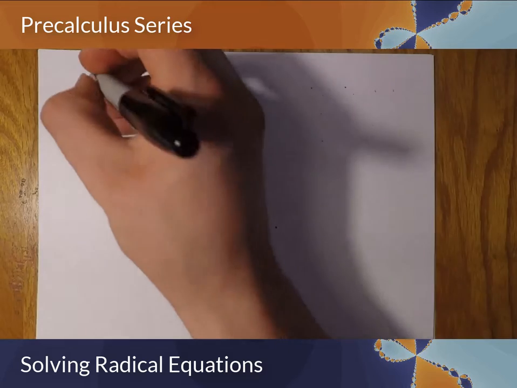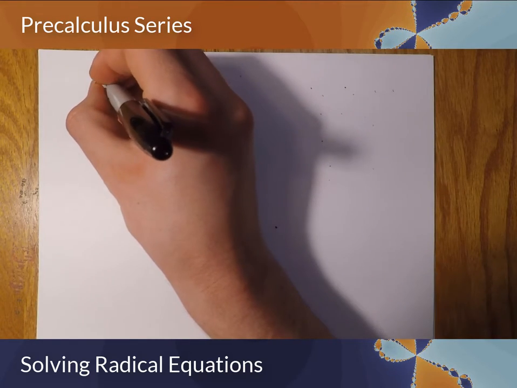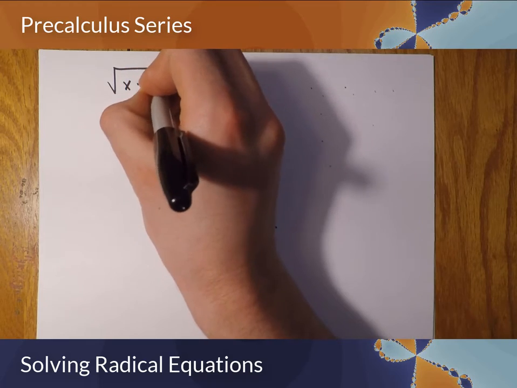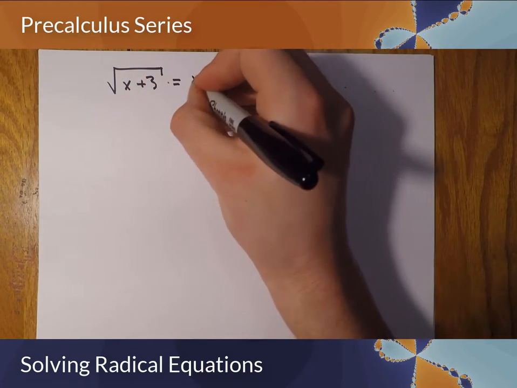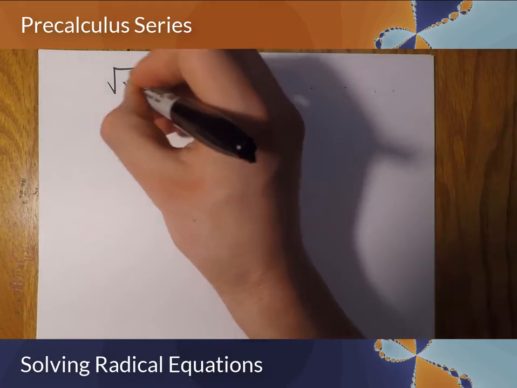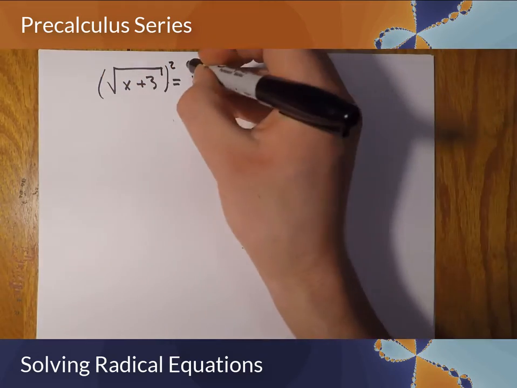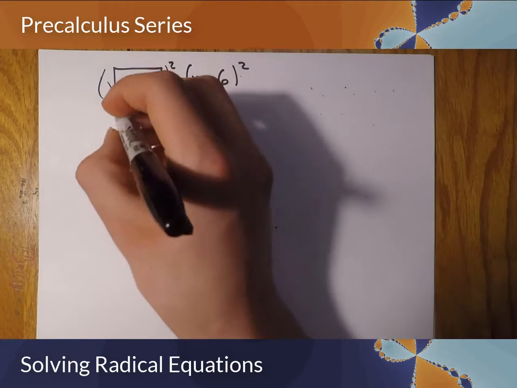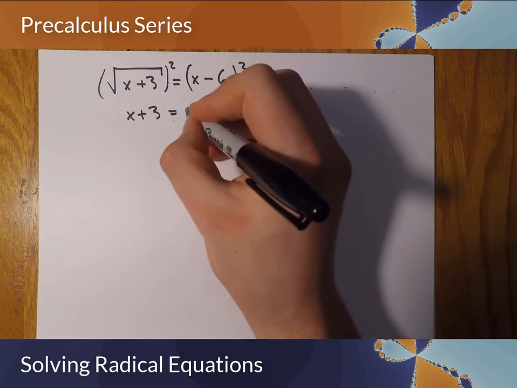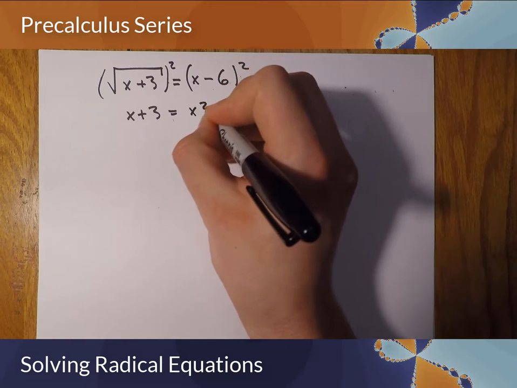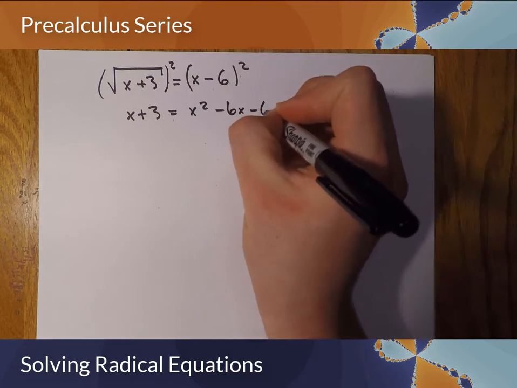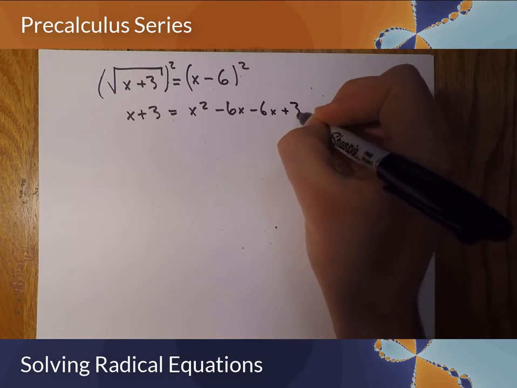So now what I want to do is solve the problem square root of x plus 3 equals x minus 6. So the first thing we've got to do is get this out from under the radical. So we need to square both sides. And so now we have x plus 3 equal to x squared minus 6x minus 6x plus 36.